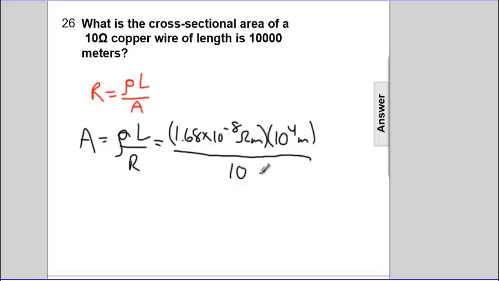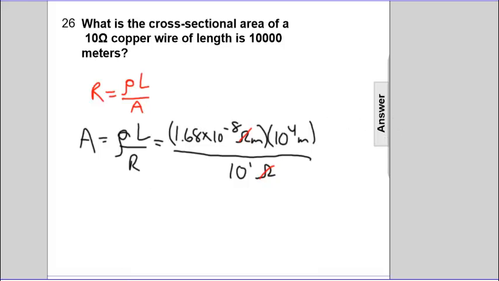That's 10 to the 1 ohms. So we'll do some cancellation. Area will be meters squared. When we put ohms over ohms, we'll be left with meters times meters. We get meters squared. So it works out dimensionally.